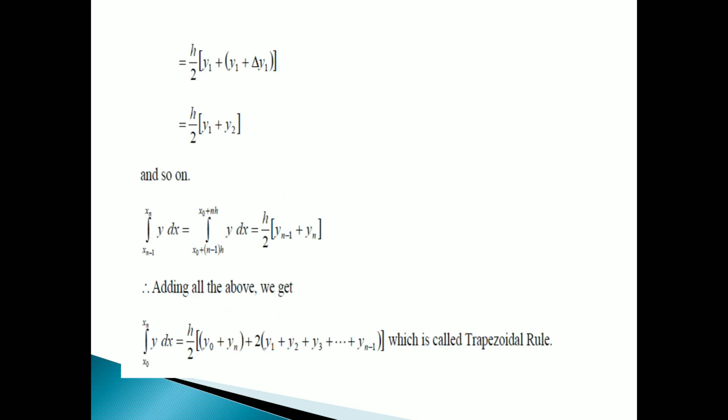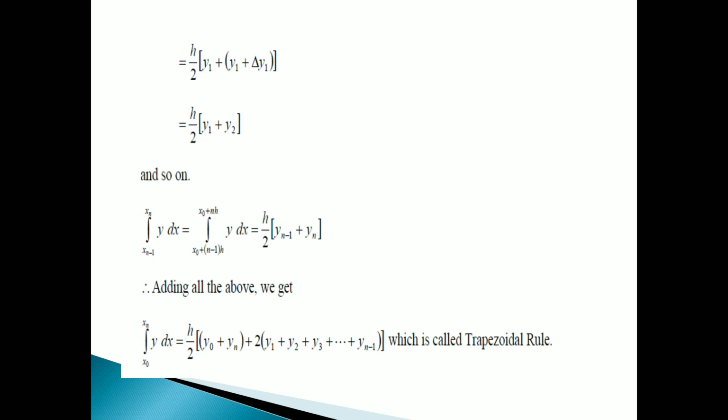Similarly, if we continue integration of y in the range xn minus 1 to xn, or x0 plus (n minus 1) into h to x0 plus nh, we get the value of this integration as h by 2 into [yn minus 1 plus yn]. Adding all the above, we get integration from x0 to xn.